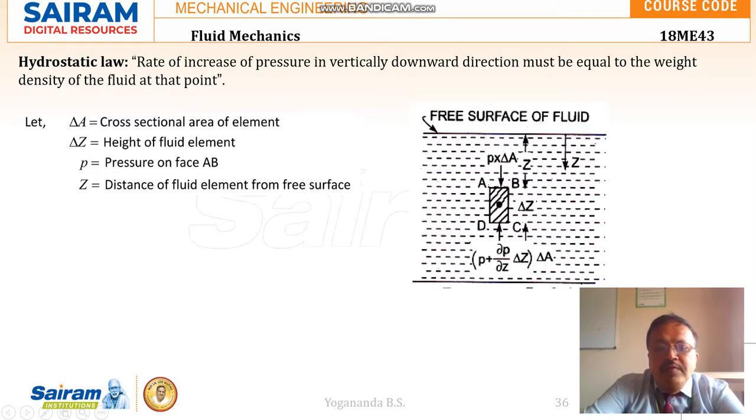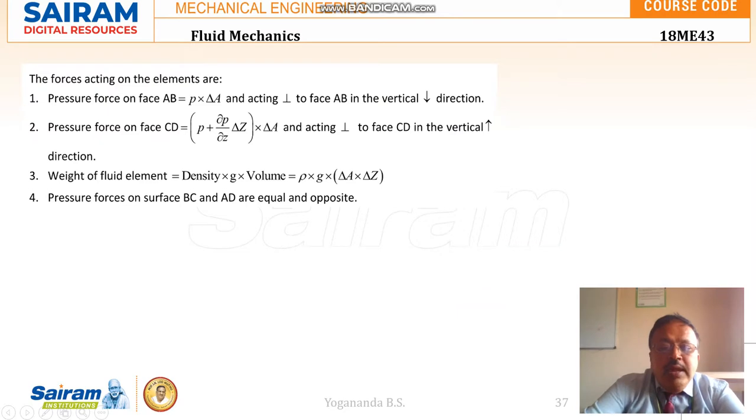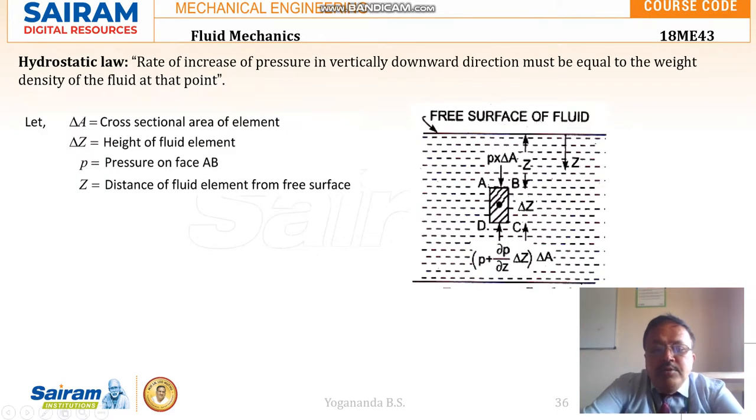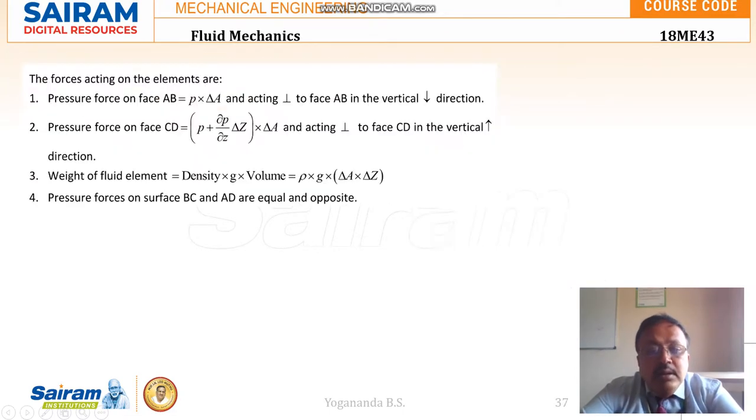The area of the fluid element is delta A and the height is delta Z, so the volume is delta A into delta Z. Now the pressure forces on the faces BC and AD are equal and opposite by Pascal's law.